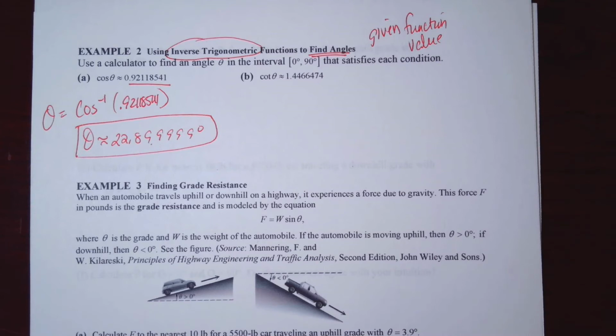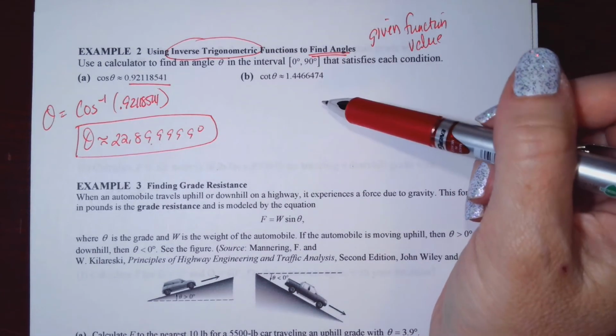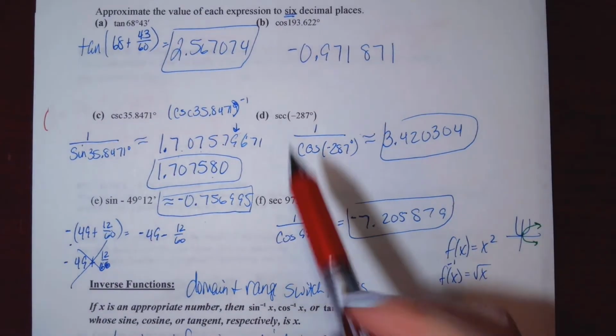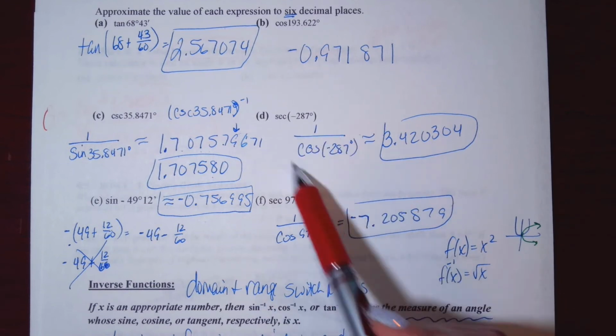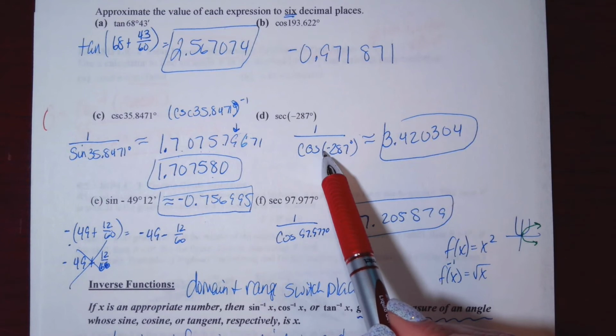Now for cotangent, I want you to think this through. When we were using our calculator to find the function value, we took the reciprocal of the function, so 1 over the whole thing given that angle.